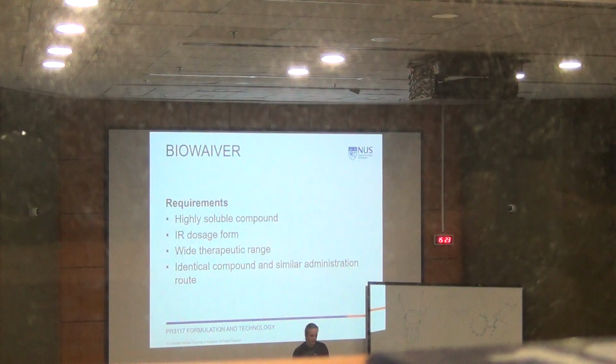And this is also why only drugs with a wide therapeutic range are used in biowaiver applications. Because here you say, okay, even if we had a slight difference in the release rate, maybe let's say 10% difference or so, it doesn't matter, because the patient will not die from these 10% more or 10% less. And identical compound and similar administration route, I think that's quite clear.